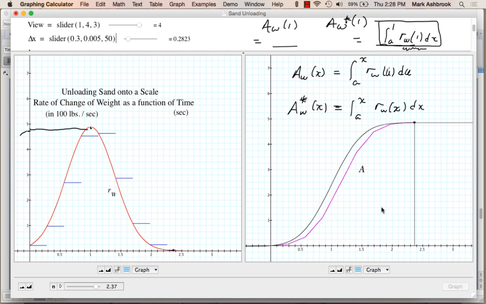Okay, so this last discussion was about why we need a new dummy variable T or U or V instead of our X in dx. Any questions about that?